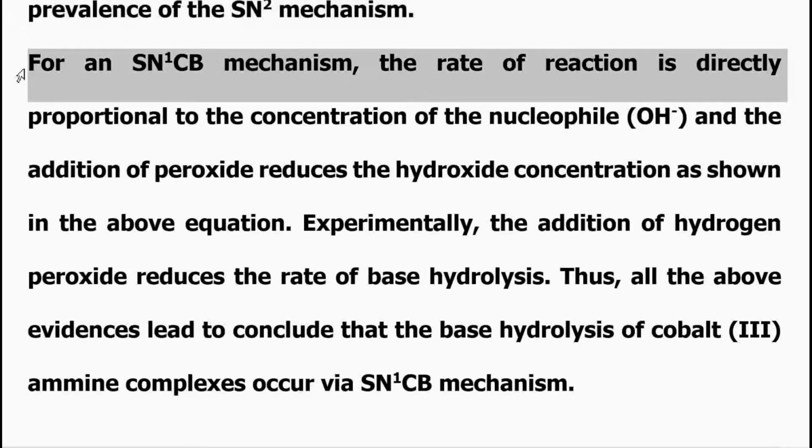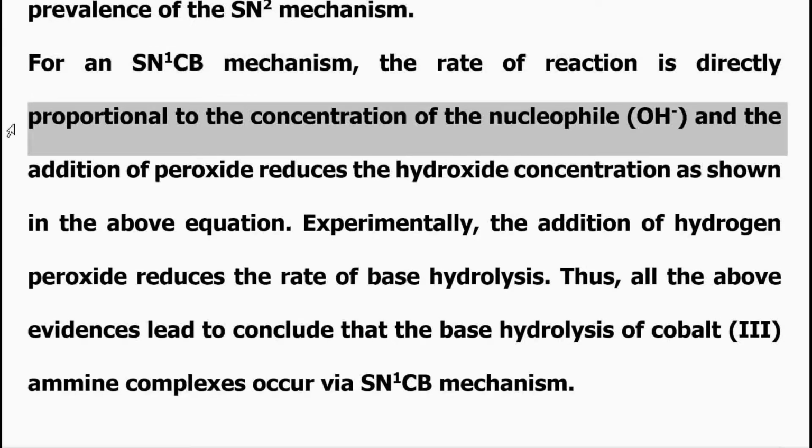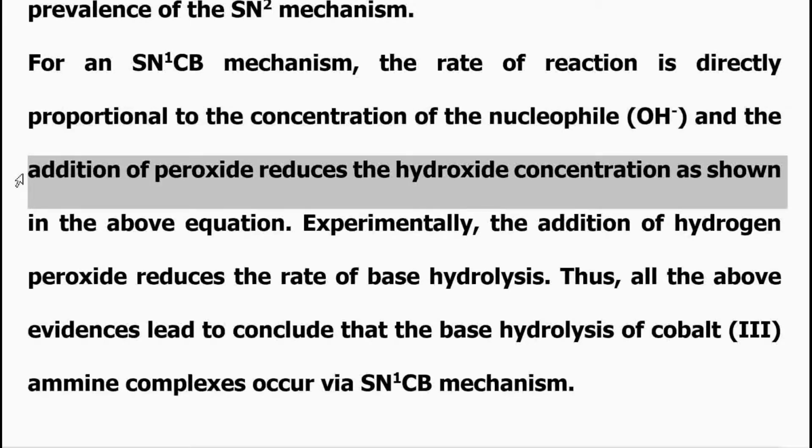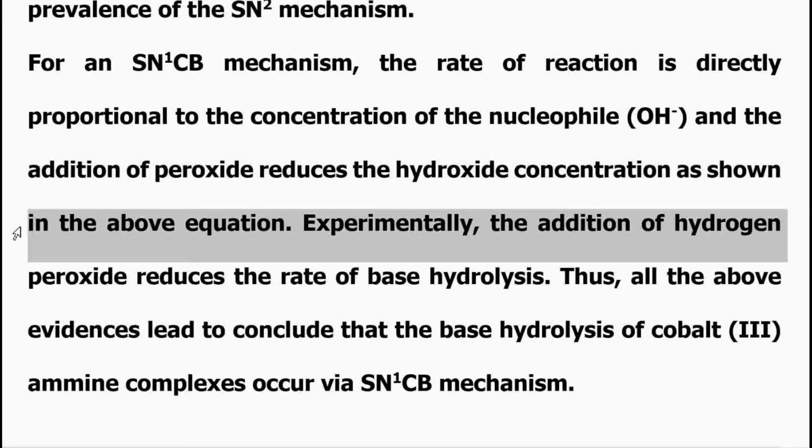Now, for an SN1CB mechanism, the rate of the reaction is directly proportional to the concentration of the nucleophile. We have already discussed that in the case of the SN1CB mechanism, the rate depends on the concentration of the nucleophile as well as the substrate. And the addition of peroxide reduces the concentration of hydroxide as shown in the above equation.